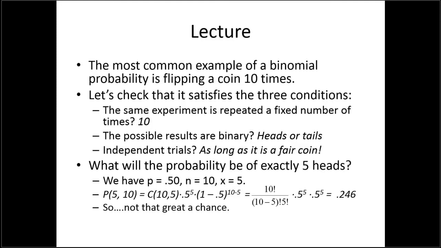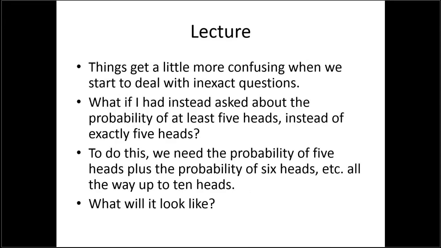This looks pretty symmetric because I only did it 10 times. So the probability of getting exactly 5 heads in 10 tosses is shockingly low. It's about a 1 in 4 chance of getting exactly 5 heads.